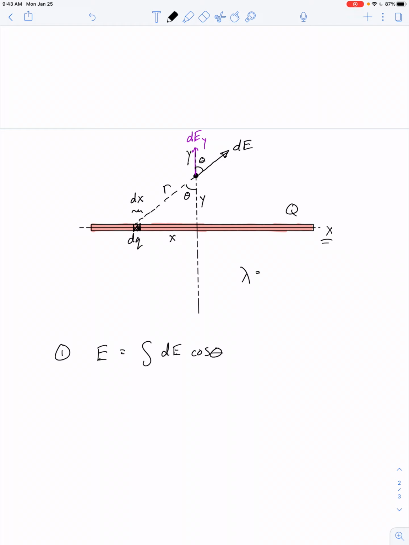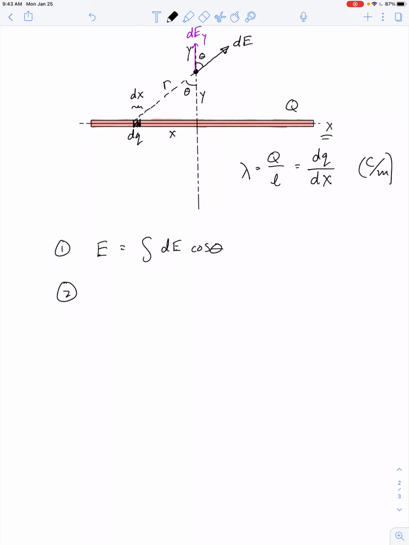That's either the total charge q over the full length L, or, you know what, it's also dq over dx. The amount of coulombs per meter is calculated to be the same value regardless whether you look at the whole or you look at just a piece.